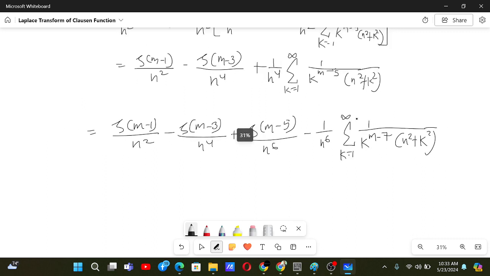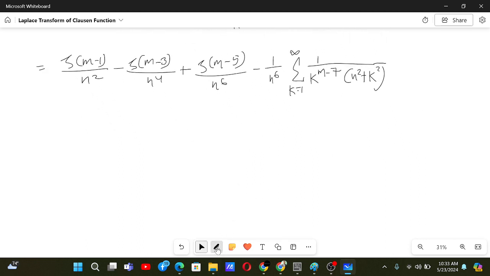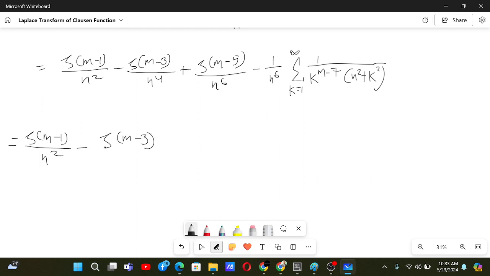Let's say this sum goes up to the jth term. What will your expression be? Zeta of m minus 1 by n square, minus zeta of m minus 3 by n to the power 4, plus zeta of m minus 5 by n to the power 6, and so on.